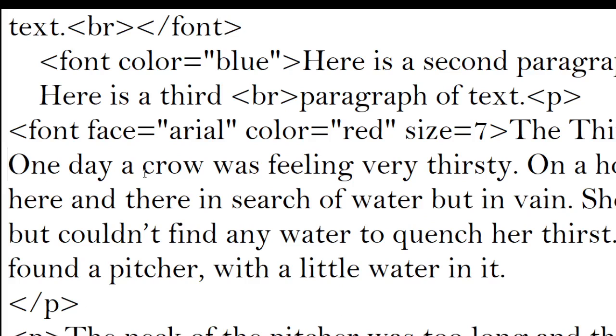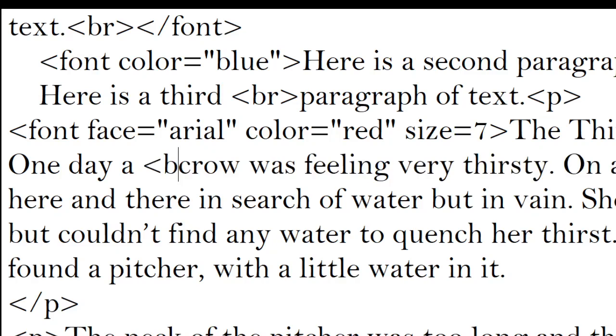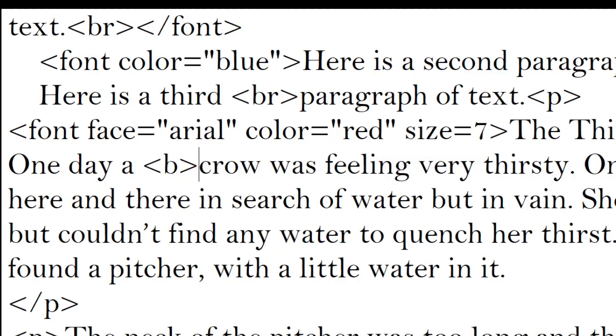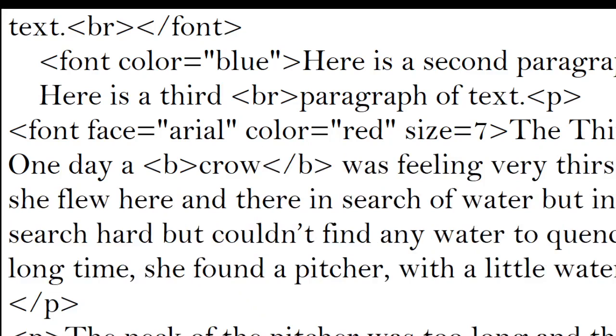We want crow in bold, then you can use the B tag before the crow. Just write down the B tag. And we want only crow in bold, then after crow you can close the B tag. So your crow is now in bold.